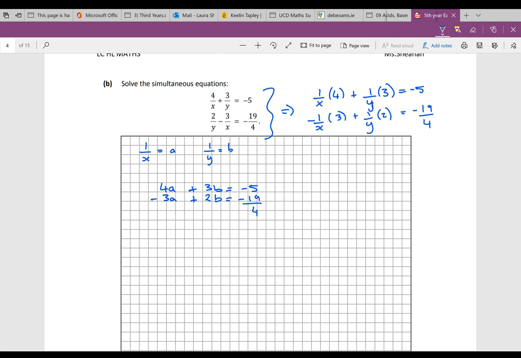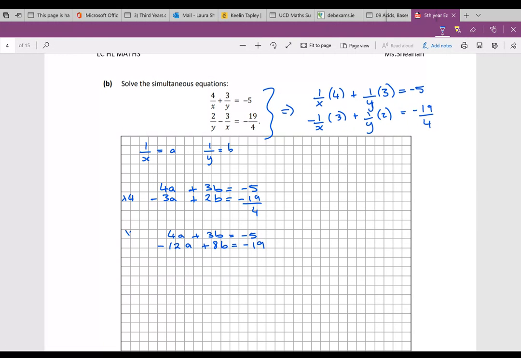If you wanted to multiply this one, for example, by 4 to get rid of the fraction, you'll have 4a + 3b = -5 and -12a + 8b = -19, which allows us to remove fractions.